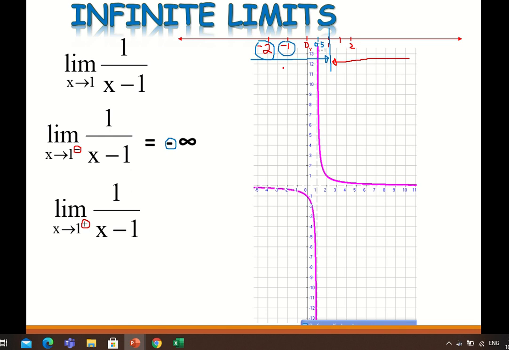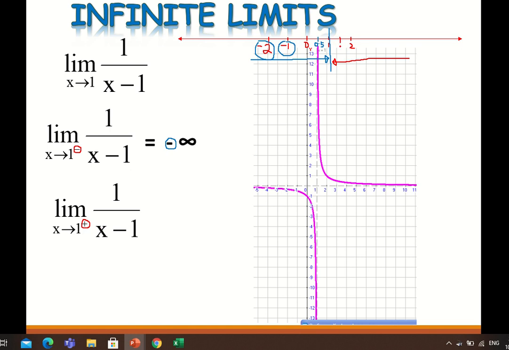So when x equals, before we go to 1, from here we have 1.5. So 1.5 minus 1 is 0.5.